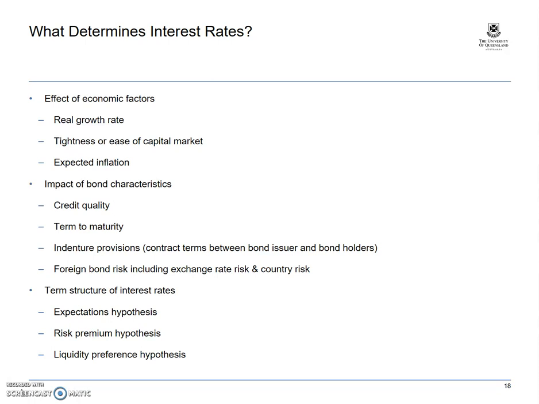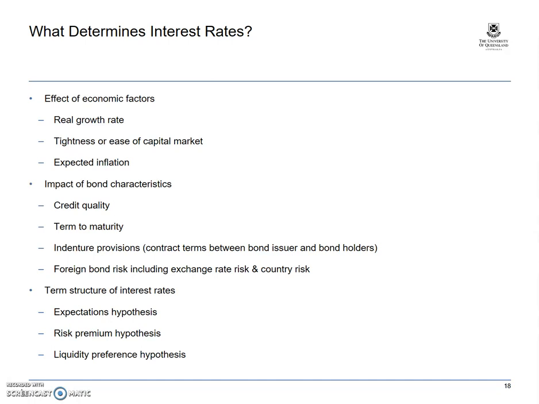Another factor could be the tightness or the ease of capital markets. How much capital is there in the market? What's supply and demand? Obviously supply and demand determines price, and that will determine what the yield or the interest rate is. As you'd know from economics, what's the expected rate of inflation?